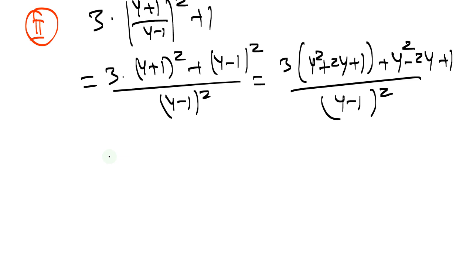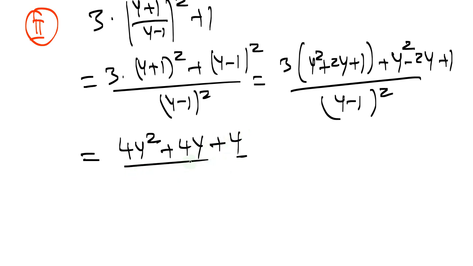So now, simplifying this, guys, we're going to have 4y squared, and then 6 minus 2, we're going to have plus 4y, and then 3 plus 1, we're going to have plus 4, and then this divided by (y minus 1) to the power of 2.